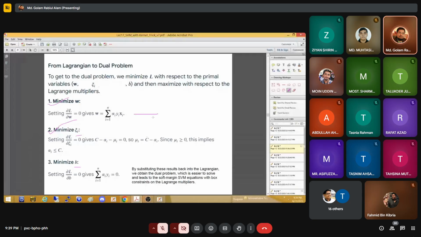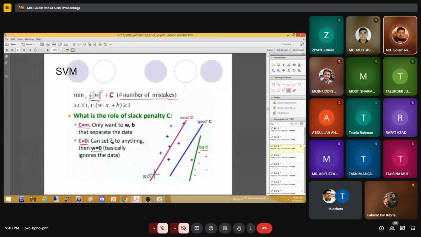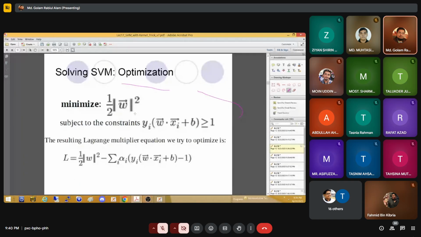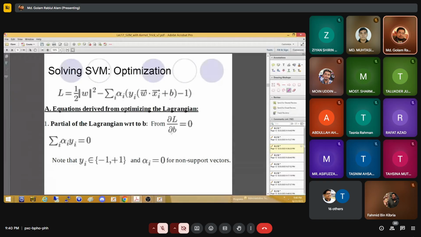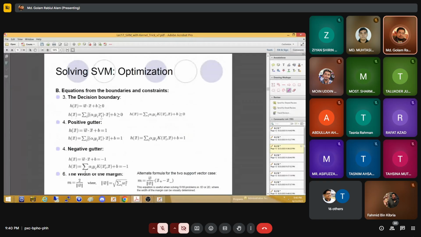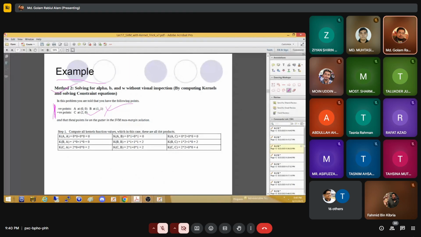Then we have to put those values in our original equation, the decision boundary, the positive and negative hyperplanes, and the margin. Utilizing those values, you can solve problems of this kind.